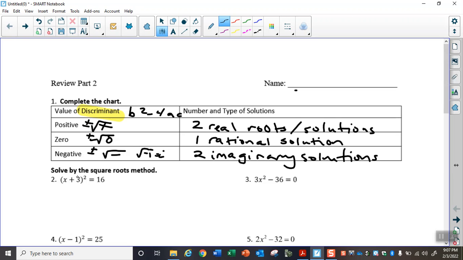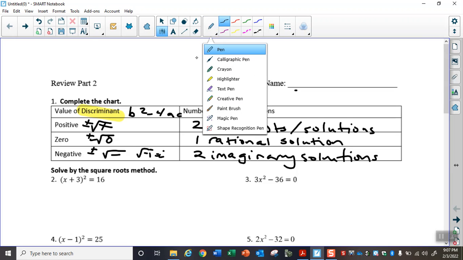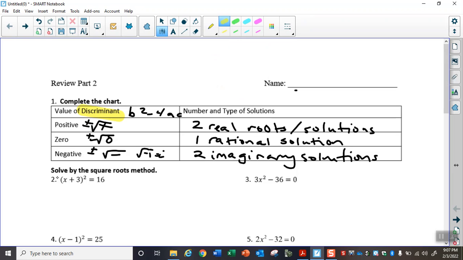All right, so solving by the square roots method, we're going to focus in on what it tells you to do. We're using the square root method. So that means I'm going to look at, it's quadratic, and so I'm going to get rid of that squared. So I'm going to square root this side, and I'm going to square root this side.